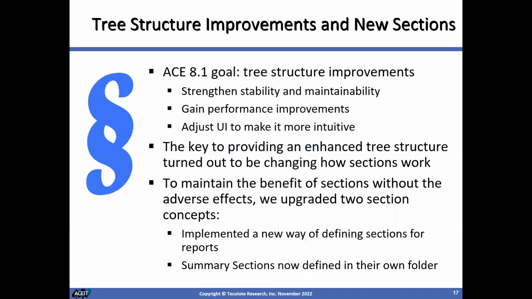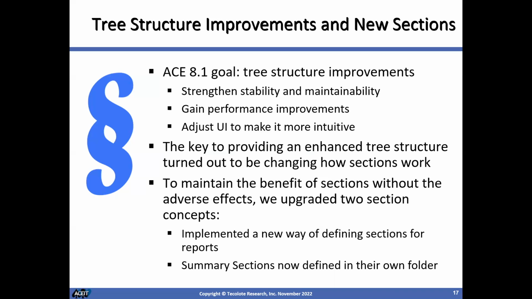Okay. So that takes us through most of the operability updates. The next, probably one of the bigger things that we did, was we spent some time looking at the tree structure and trying to make some improvements there. Our goals were to strengthen the stability and the maintainability of the tree structure. And what I mean by the tree structure is, we've got the rows, and the way that the hierarchy works within those rows.